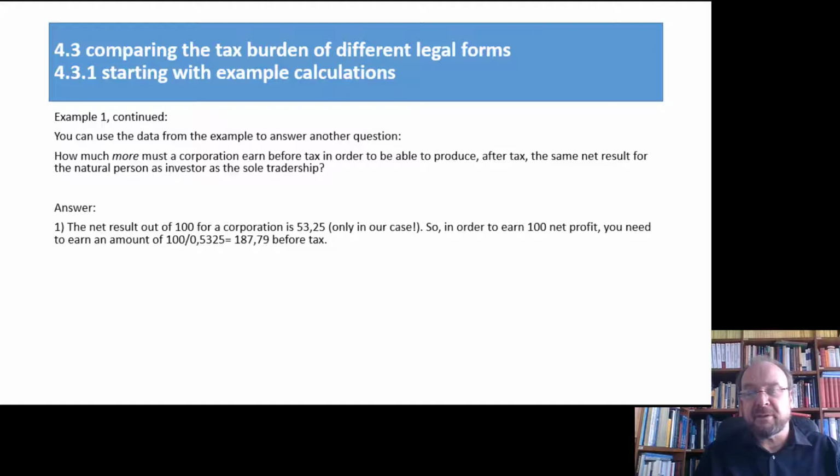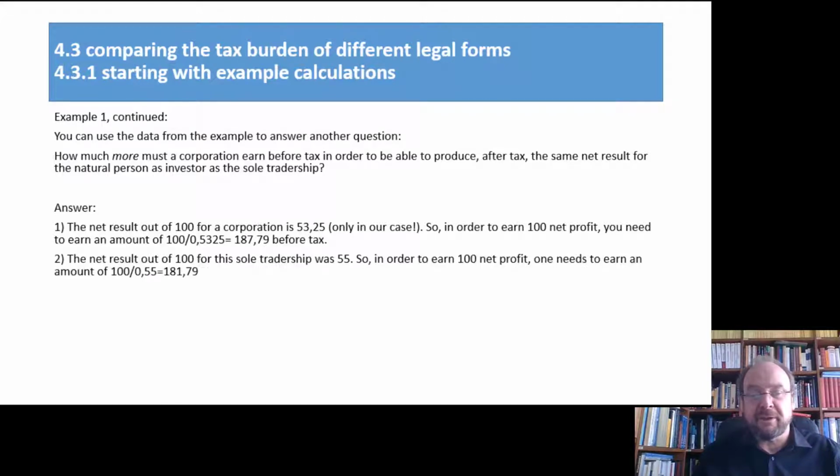So in order to earn 100, which are equivalent to 53.25% of the gross amount, you can just transform the equation a bit, and then you find out 100 divided by the net percentage is equivalent to the necessary gross amount. That leads here to the conclusion that 187.79 are necessary to produce a net result of 100 for a corporation.